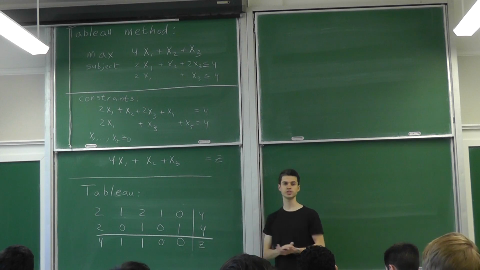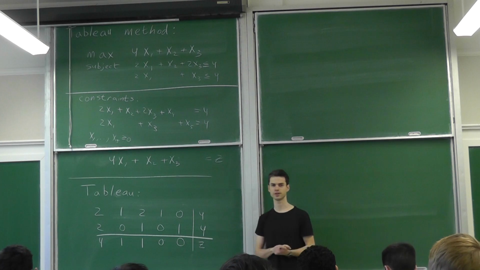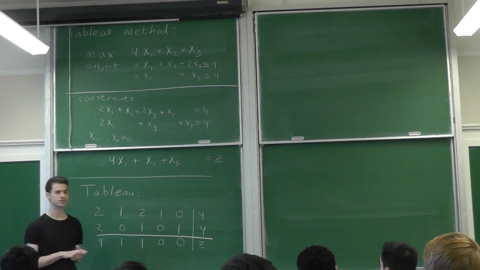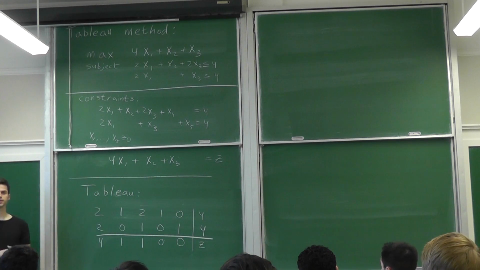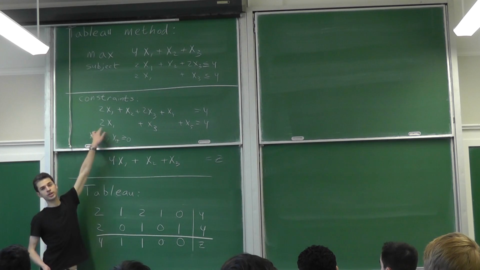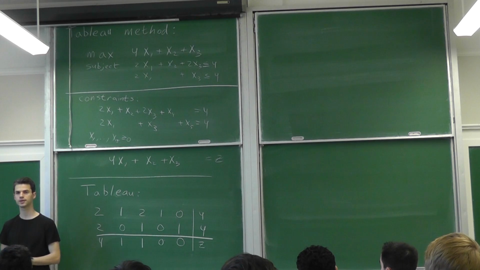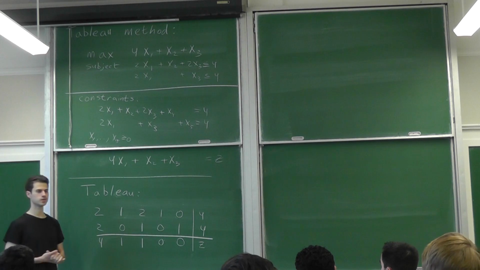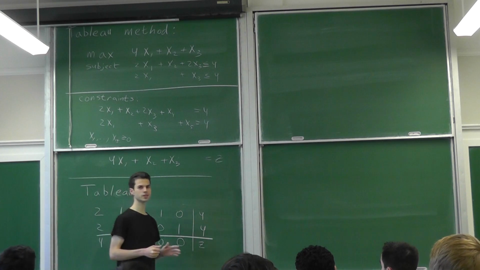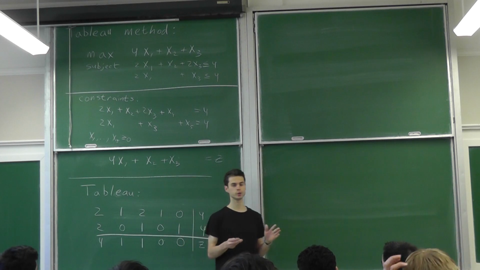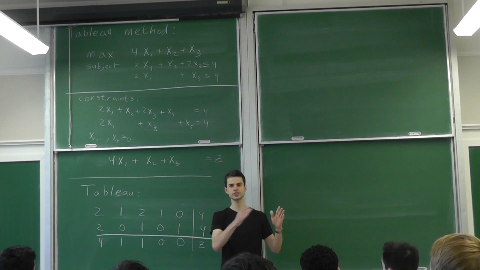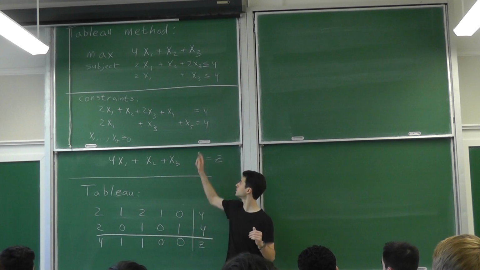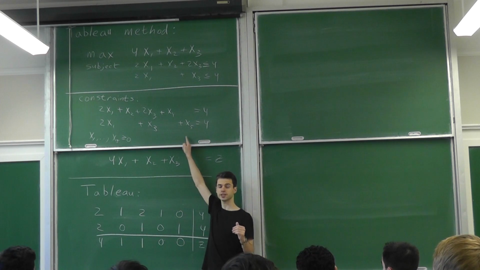Do you see the basic variables? What are the basic variables in the original problem? Usually we say a variable is some expression in terms of the non-basic ones. x4 and x5, exactly.